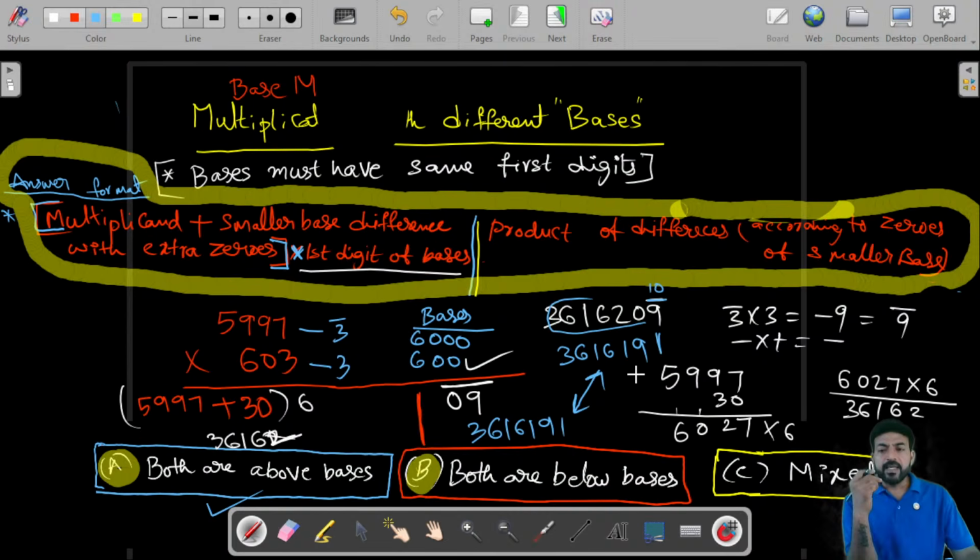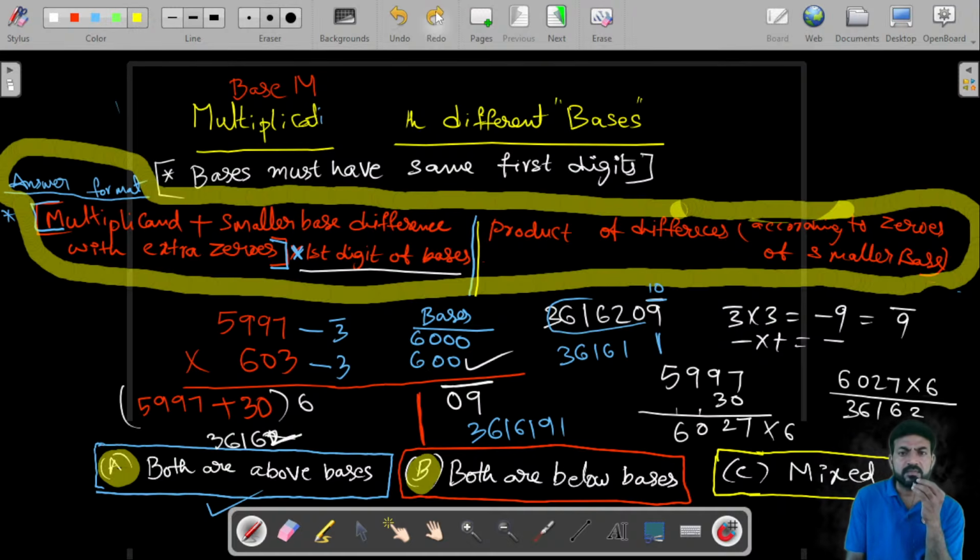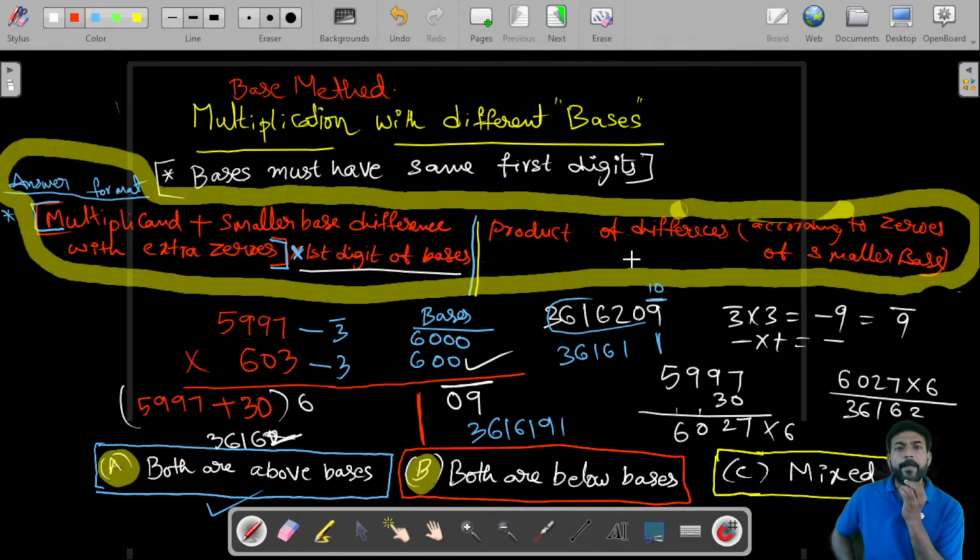Okay, this is the multiplication base method, multiplication with different bases. This is the base method.